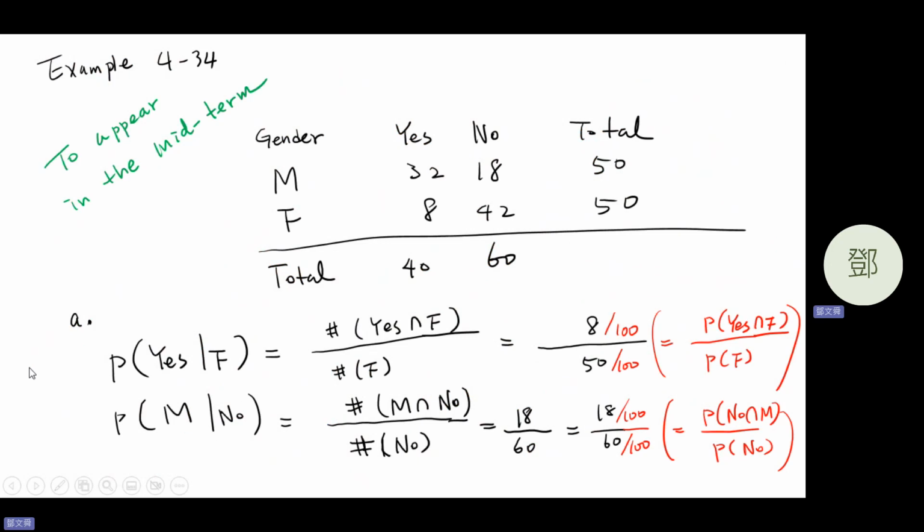So please go to example 4-34. It is probably going to appear in the midterm. What is the story of the example?